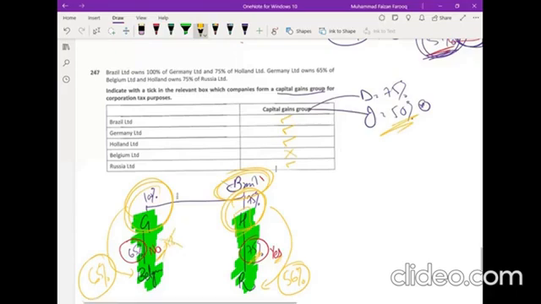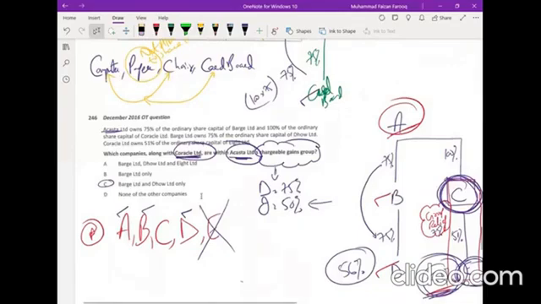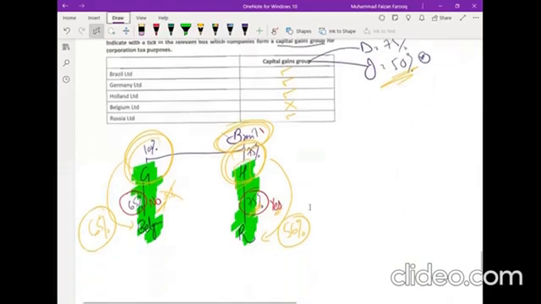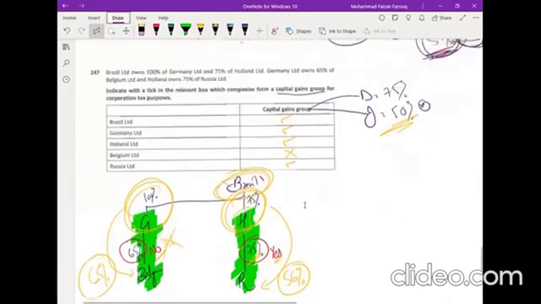This is a practice question of the concept which we learned, the OT question from December 2016, and this is a revision kit question. Please note it down and ask me if you have any confusion.